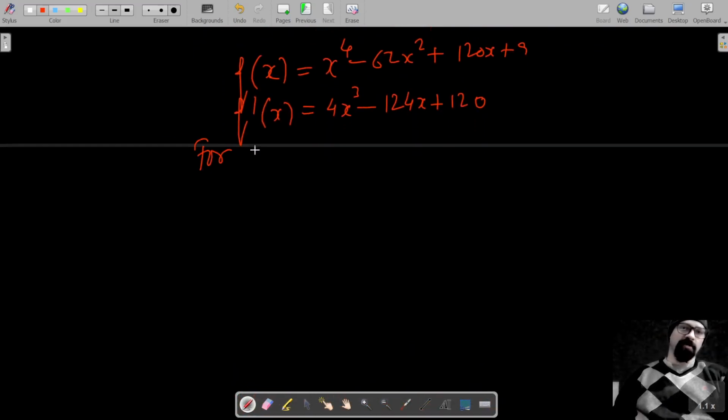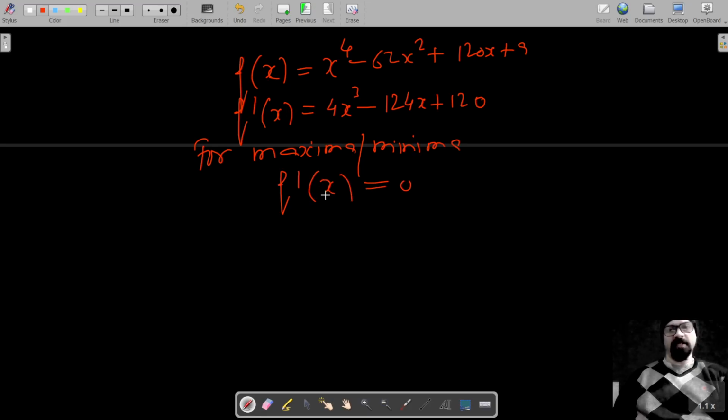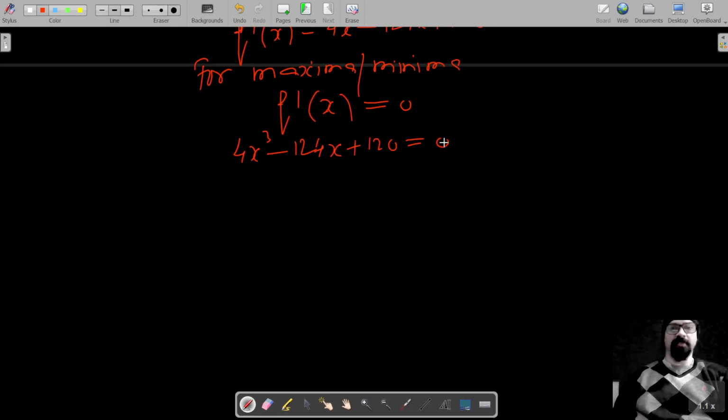And now we know that for maxima or minima, f dash x should be equal to 0. So that means 4x cubed minus 124x plus 120 is equal to 0. Here 4 is common.